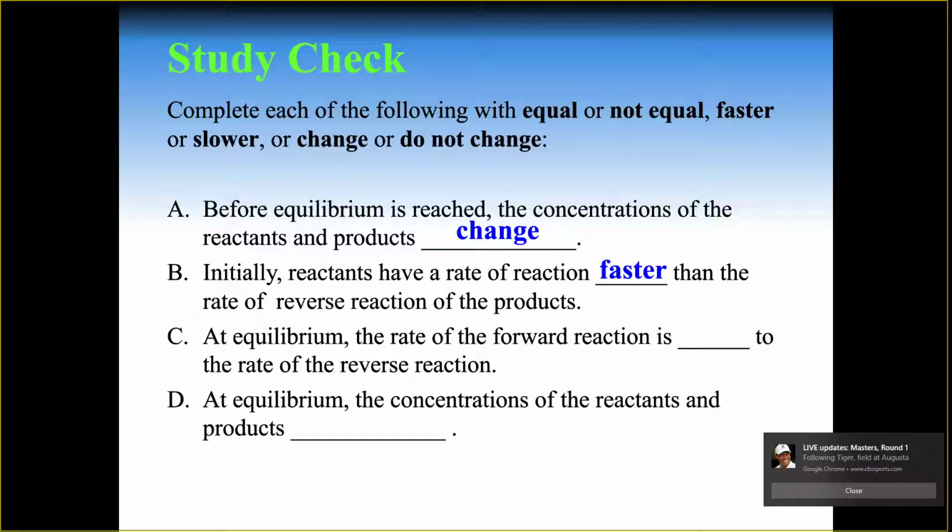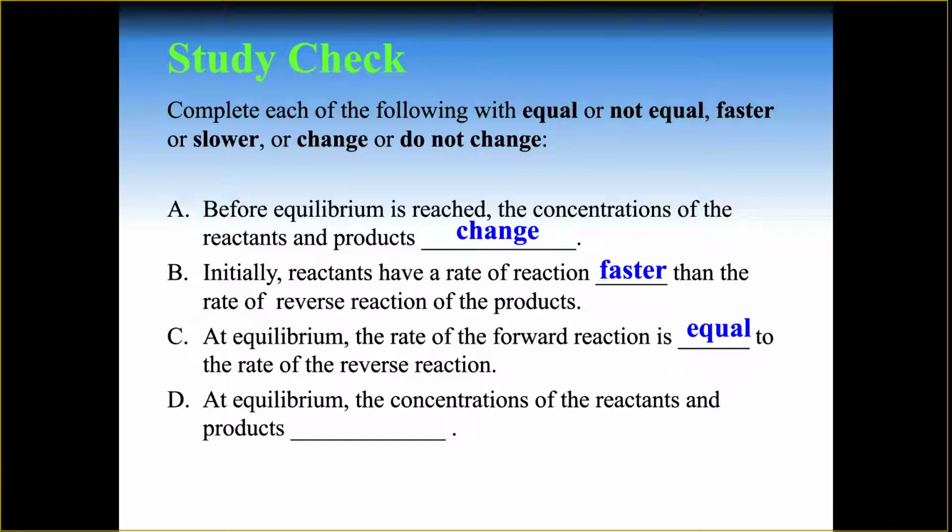Imagine I have to fill up that whole tub from the left side, so I pour the water in, it'll push to the right side, and then eventually maybe it'll push too far at first, and then it'll kind of balance back out. That's how equilibrium essentially works. At equilibrium, the rate of the forward reaction is equal to the rate of the reverse reaction, and the concentrations of the reactants and the products stay the same, do not change. Okay.